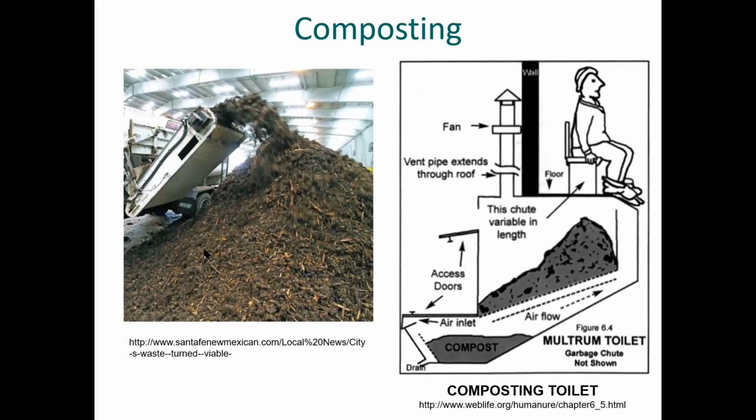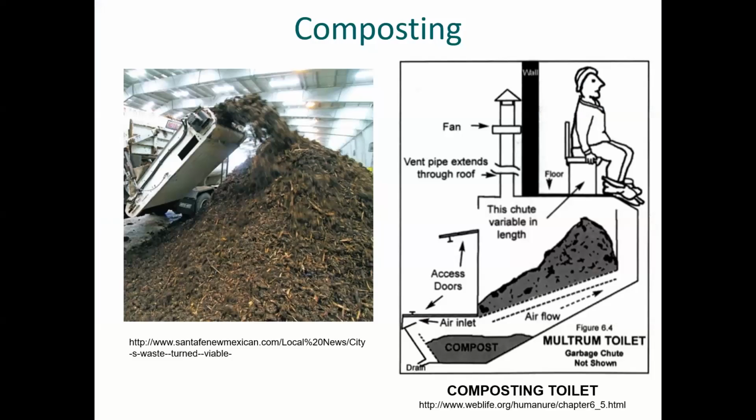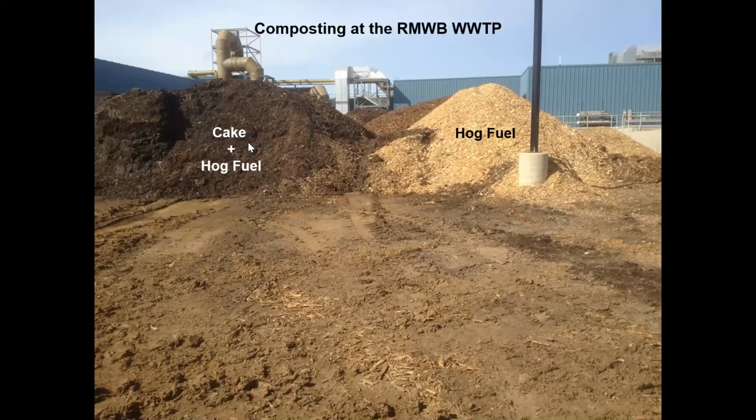So here is a diagram or a photo. I think I showed you this photo here. It's similar to that one of the cake, they call it. That's the solids that have basically been dried out, and they mix it with the hog fuel. The hog fuel is basically what you'd call large flake sawdust. They scoop all that together. I'm not sure why, but sometimes they have it inside, and they have a giant warehouse where they store some as well.